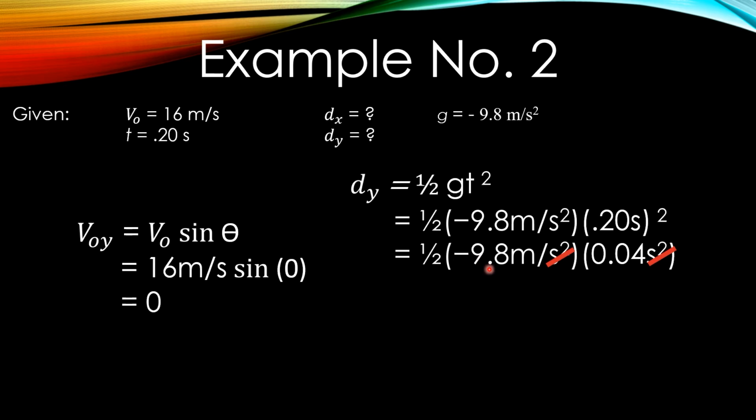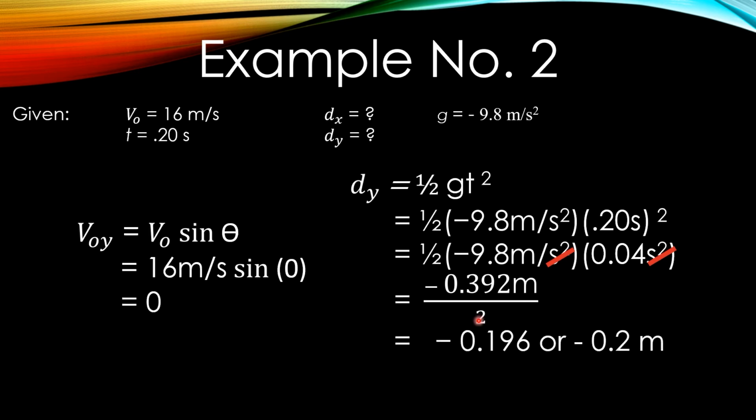Negative 9.8 meter times 0.04, we have the product negative 0.392 meter. Divided by 2, we have the quotient negative 0.196. To simplify the answer, we have negative 0.2 meter.